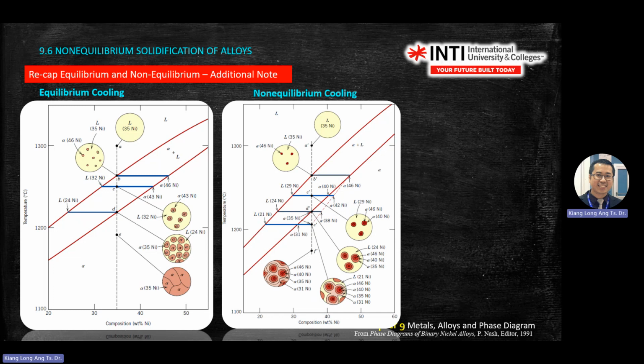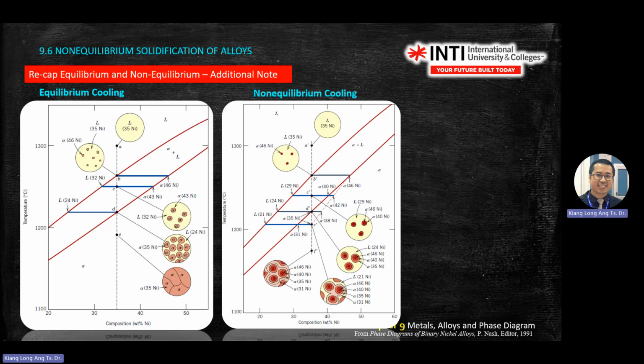So here at D point, that's what you see as a yellow color area. L 24% nickel. So drop down, you get 34. And alpha here is 35%. You drop down, you get 35%. And remember when you draw this one, please grow your chicken pox. Grow the grain size, the solid particles.